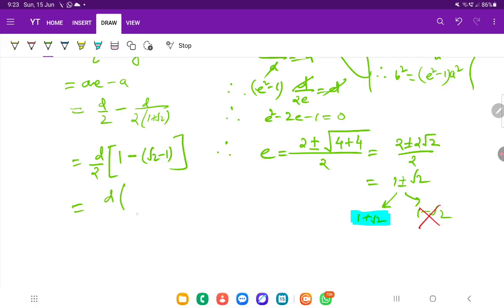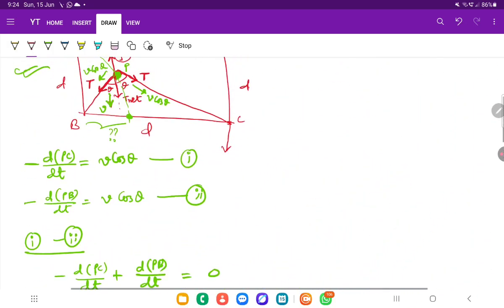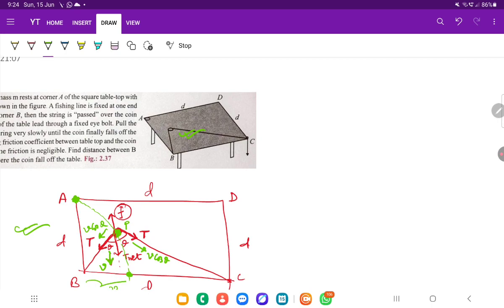And after some simplification, it will end up like this. So actually this is my final answer. Let me mark it here: the coin will follow some hyperbolic trajectory like this, and finally it will fall off the tabletop at a distance of d into (1 minus 1 upon root 2), this distance.